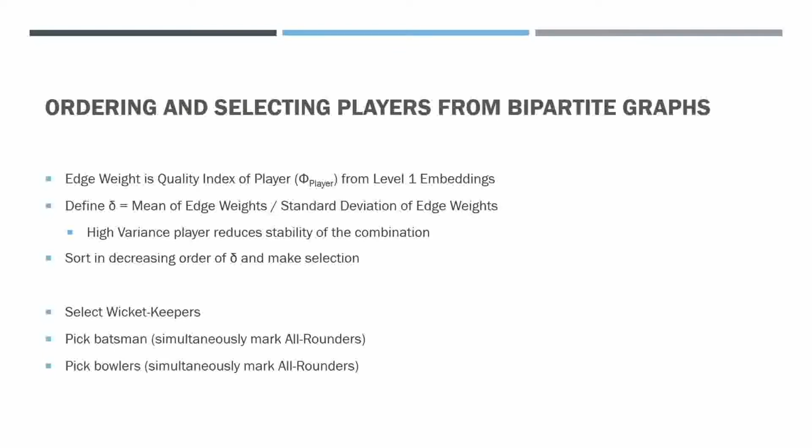So the idea is the same as the quality index metric, that we must have a consistent performance by the player, and there must not be a lot of variation. If we include a player with variation, that provides a lot of risk and uncertainty in the final result.